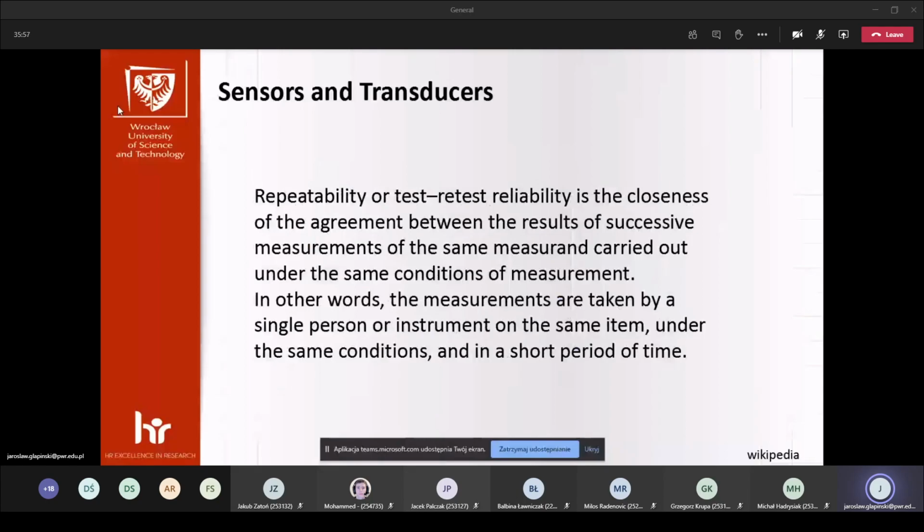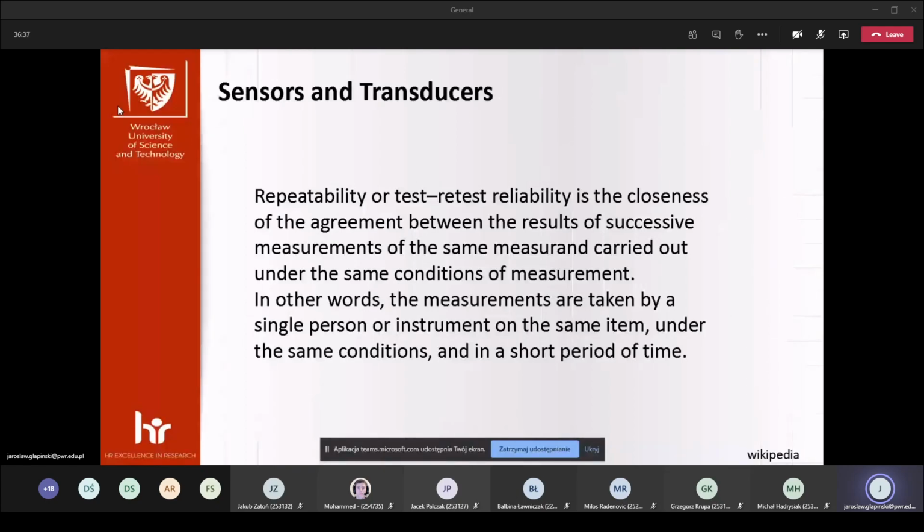Okay, repeatability, or test-retest reliability, is the closeness of the agreement between results of successive measurements carried out. So if we measure something, the repeatability concerns measurements that are taken by, for example, a single person, or maybe a group of persons, on one instrument, on the same item, under the same conditions, in a short period of time.